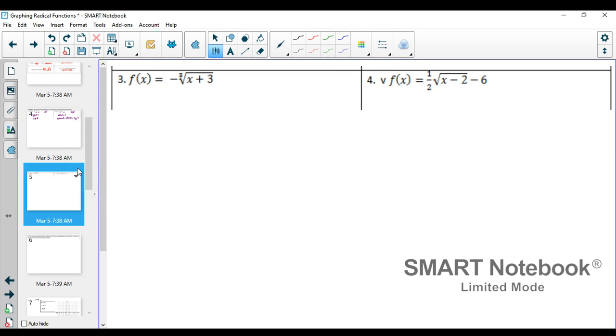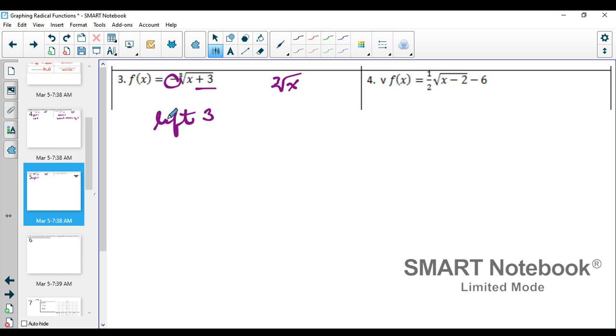For number 3, we have f of x equals the negative cube root of x plus 3. So our parent function is the cube root of x, and we're focusing on this negative and this positive 3. The positive 3 is h, which does the opposite of what it says, so a positive is going to go to the left 3.